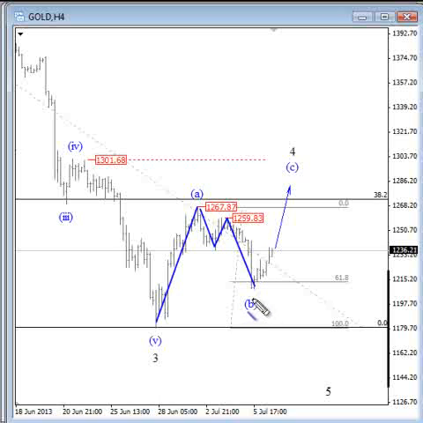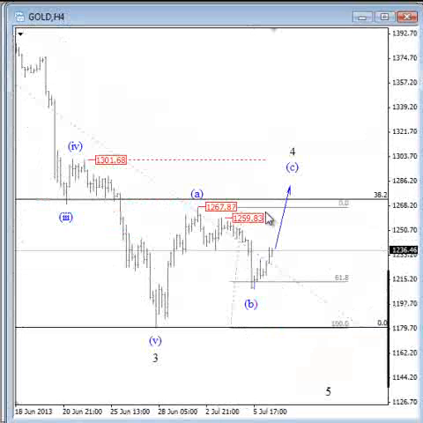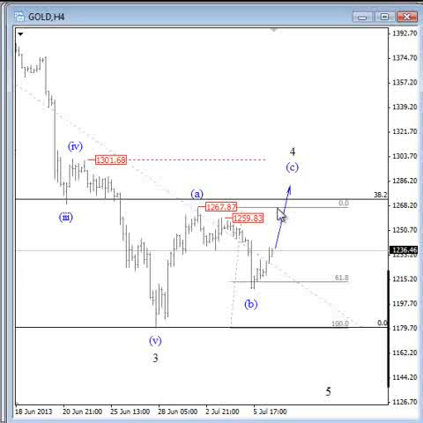So I think it's a wave B, and that we will see now a push higher this week into wave C towards 1270, where is the 38.2% retracement area, measured of this wave 3. This is a typical target for fourth waves, but ideally we will see a little bit higher extensions towards the 1300 level, where is the swing high of the previous fourth wave.